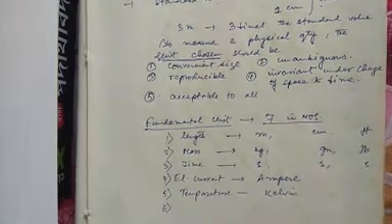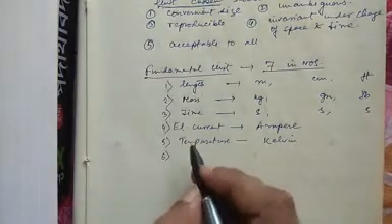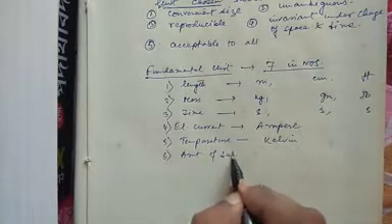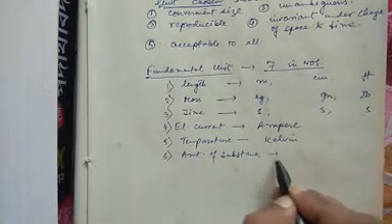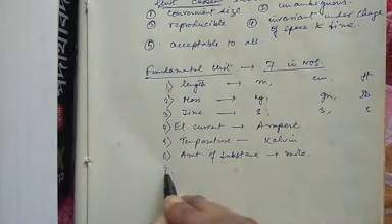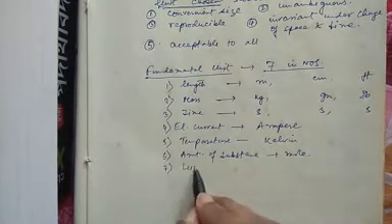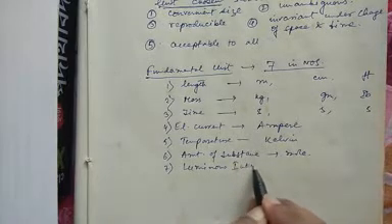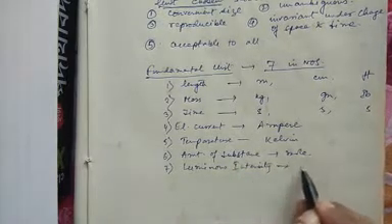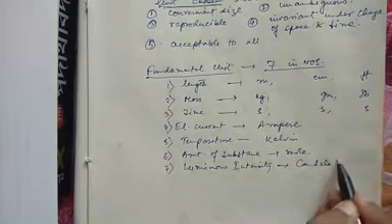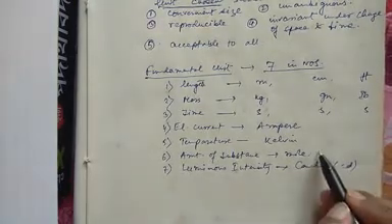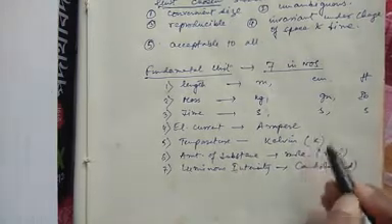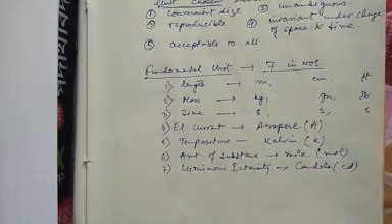The sixth one is amount of substance, expressed in mole. And number 7 is luminous intensity, expressed in a unit called candela, whose short form is cd. Short form of mole is mol, Kelvin K, and that of ampere is only A.